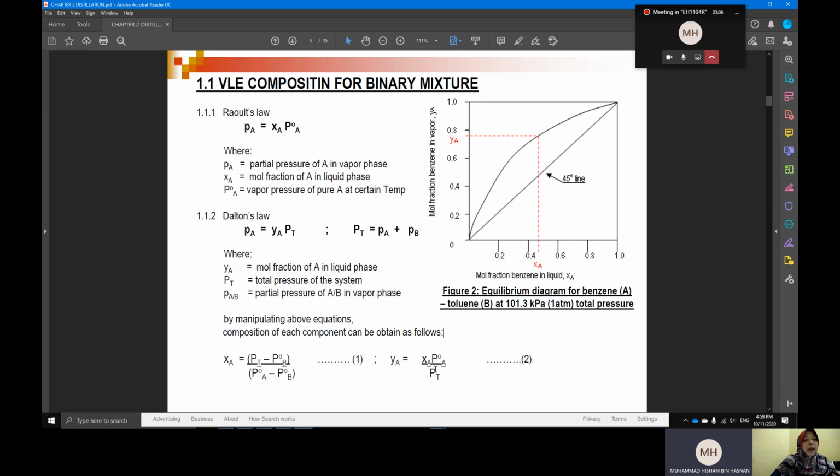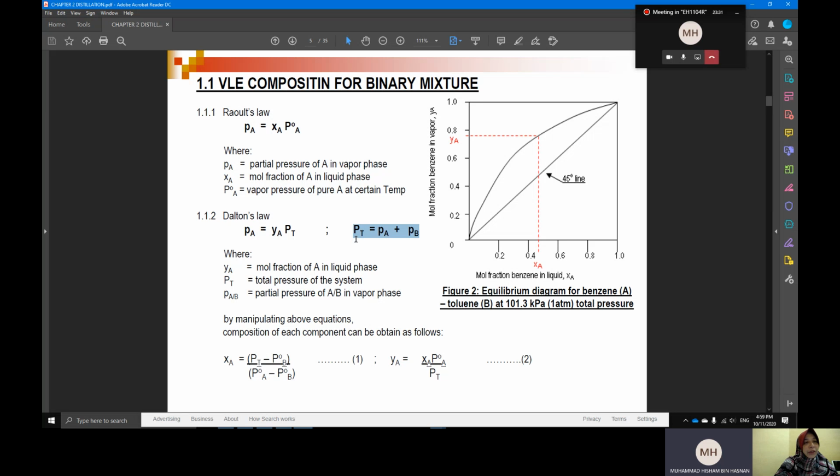So, how can you find XA kalau you dah ada P0? Macam mana? Kat sini ada relationship. PT ada relationship. PT adalah PA campur PB.